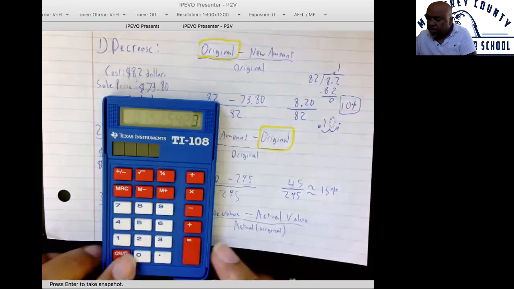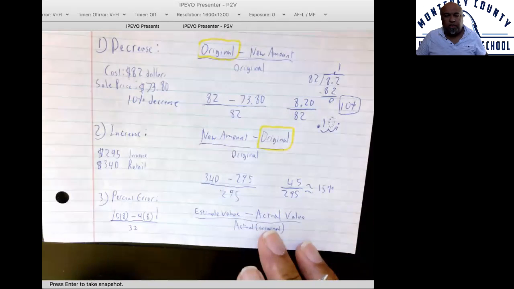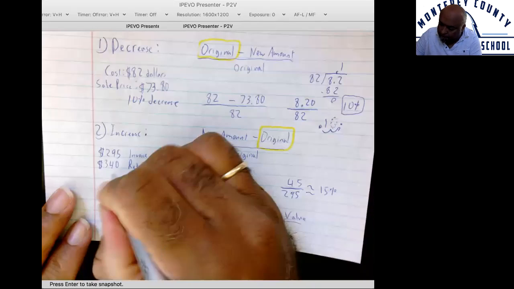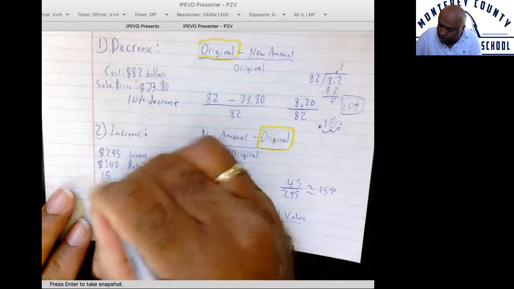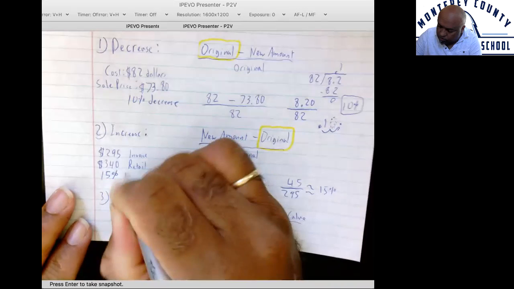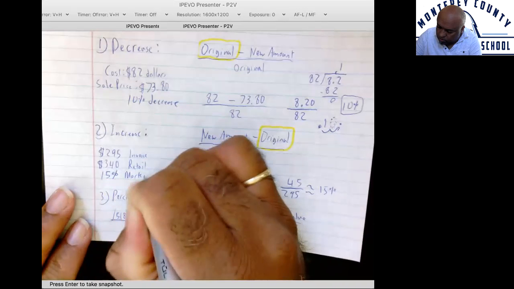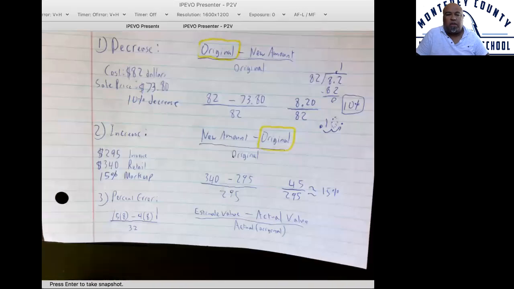Okay? So that would be a 15% markup. Or basically it means that they make 15% more than what they pay for the item.